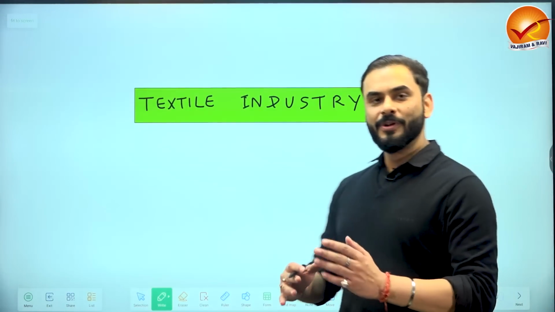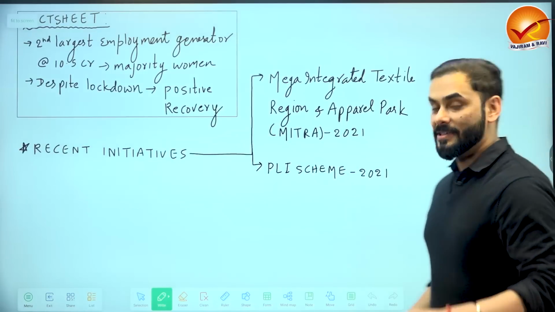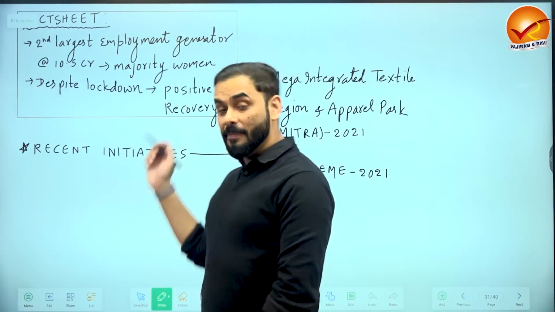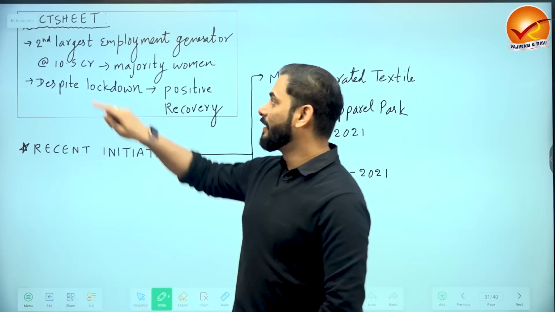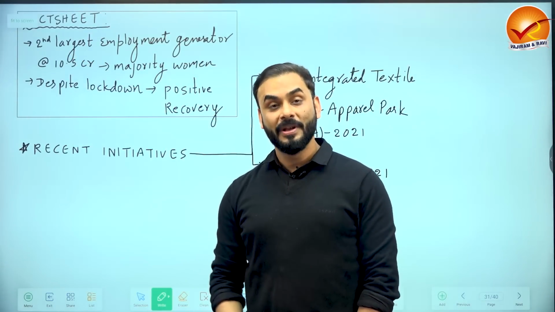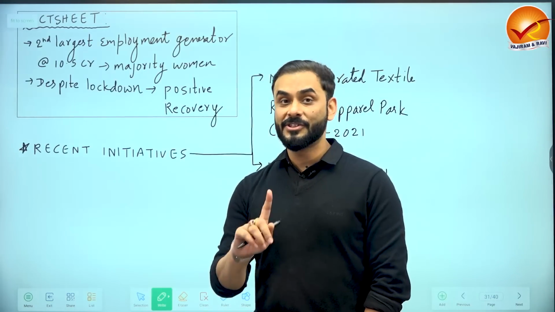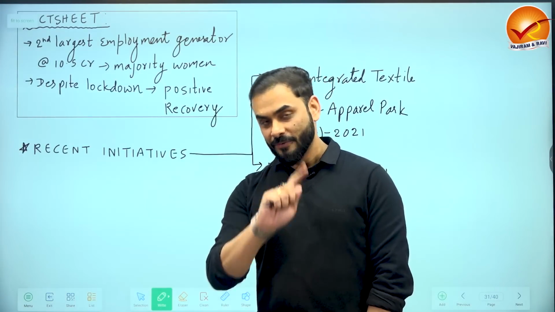Now let us get into the details related to the textile sector. See guys, a basic fact sheet for you. For example, textile industry is the second largest employment generator after agriculture. Can you believe it? So textile industry provides a huge number of employment to people. Hence, it is a very, very crucial industry for India.